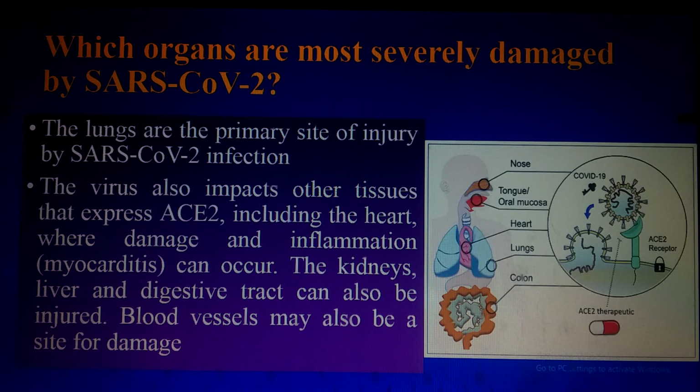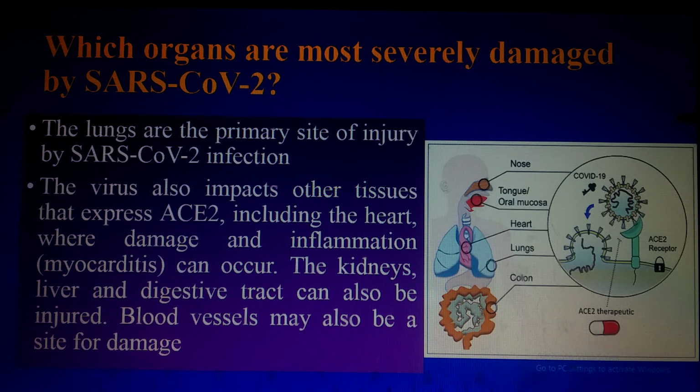The virus also impacts other tissues that express ACE2. All those parts of the body which express the ACE2 enzyme, the ACE2 protein, are easily infected by the virus, including the heart, where damage and inflammation can occur. The kidneys, the liver, and the digestive tract can also be injured. Blood vessels may also be a site for damage.